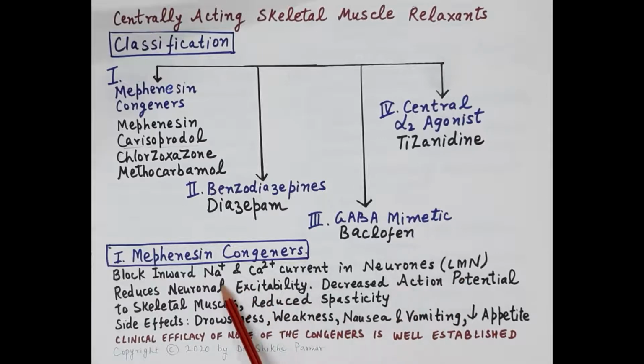Now, reduced influx of sodium and calcium causes reduced neuronal excitability, decreased action potential to the skeletal muscles, which results in reduced spasticity or relaxation of skeletal muscles. Side effects are drowsiness, weakness, nausea and vomiting, and fall in the appetite. Now, one thing to note is that clinical efficacy of none of the mephenesin congeners is well established.